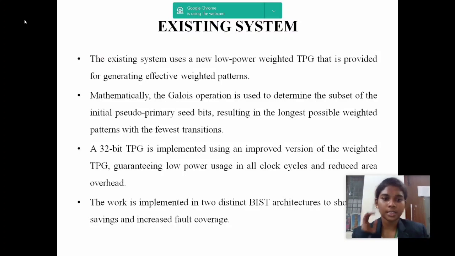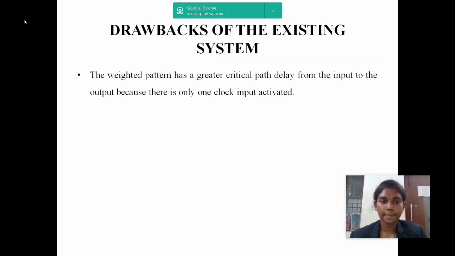In the existing system, for generating effective weighted patterns, they used a new low-power weighted TPG. Mathematically, to determine the fewest transitions, they implemented a Galois operation because of the longest possible weighted patterns. A 32-bit TPG is implemented for achieving low-power usage in all clock cycles and reduced area overhead.